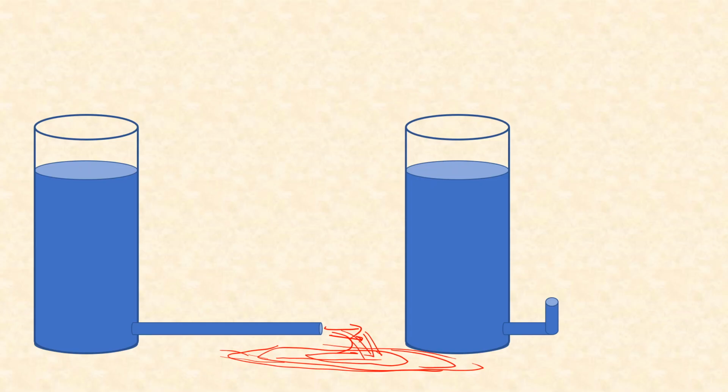Some bubbles will be formed, some waves will be formed, but after some time everything will be stationary and steady. And that's how we know that the head, whatever velocity head it had at the outlet, that is v square by 2g, is being lost into the surroundings or to the environment.